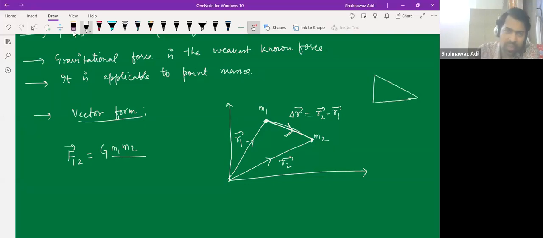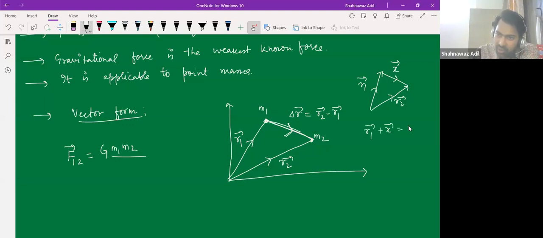Let me write it this way. We have this vector, this vector, and this vector. So using the triangle law, let's say this is x. R1 plus x would be R2. So x is R2 minus R1.